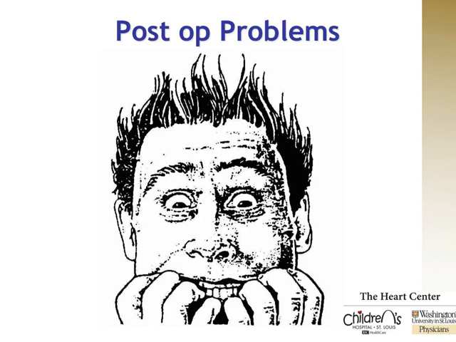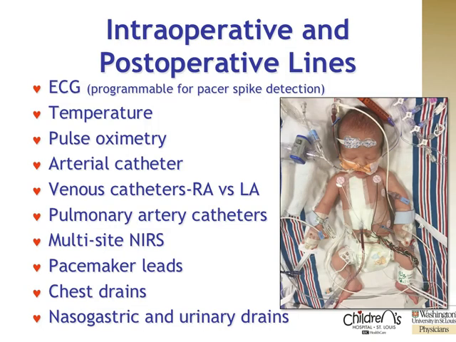What are the postoperative problems that we frequently see in patients undergoing cardiac surgery? First of all, as I alluded to in some of the previous slides, we have a lot of data upon which to rely in a postoperative patient. There are lots of postoperative lines and intraoperative monitors that sometimes bombard us with a lot of information.